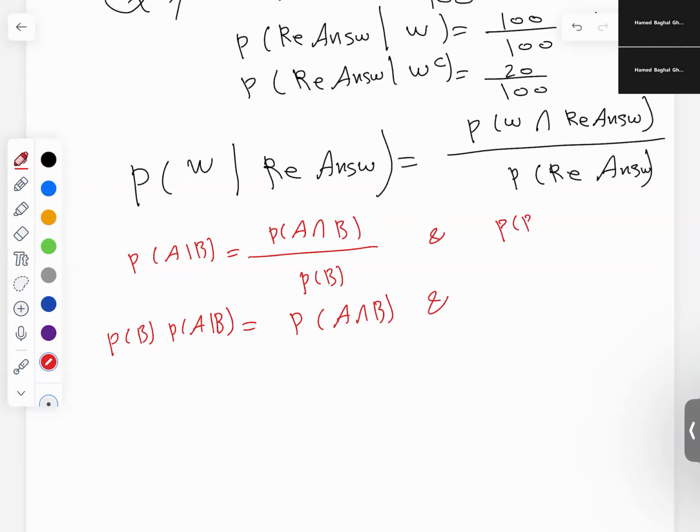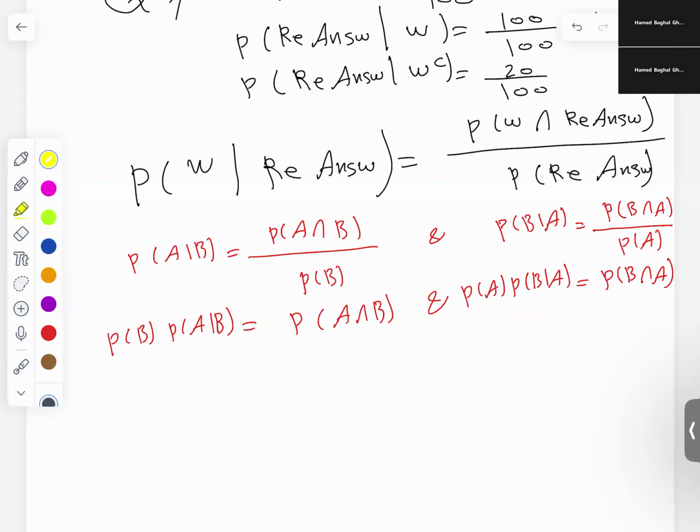Probability of B condition A, probability of B intersection A, divided by probability of A. If I times again both sides by probability A, so probability of B intersection with A is the same as probability of A intersection with B.